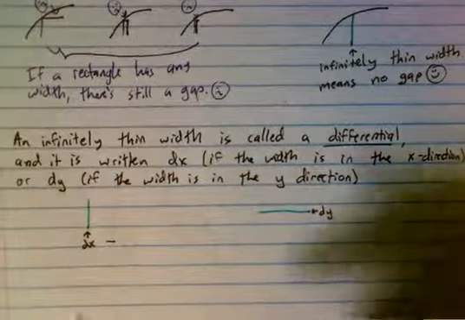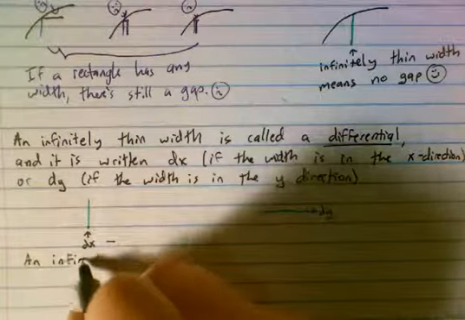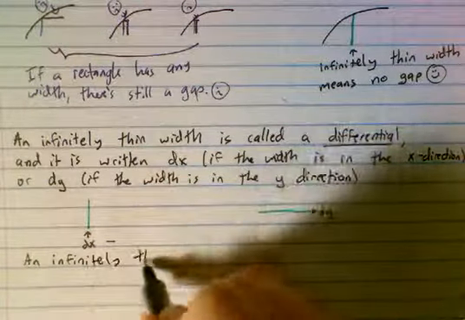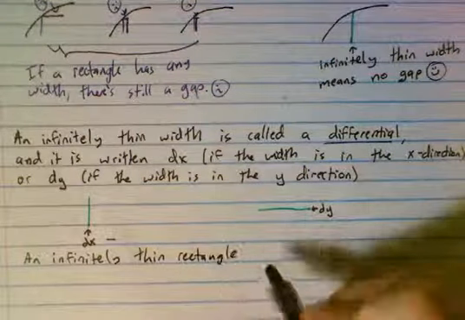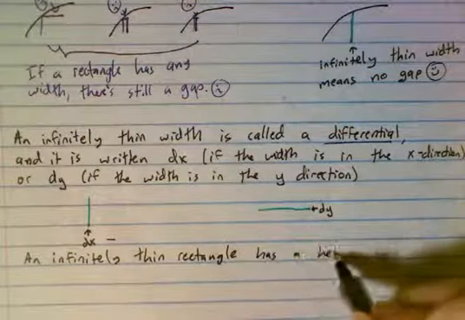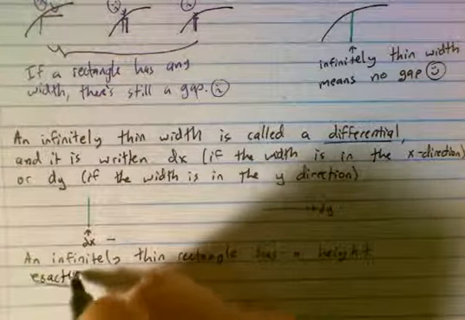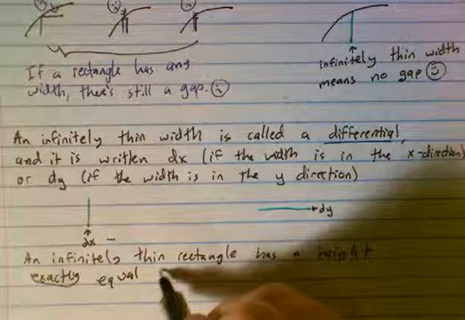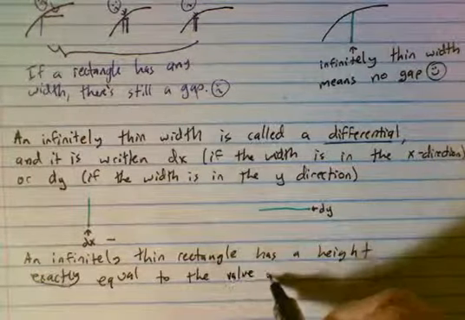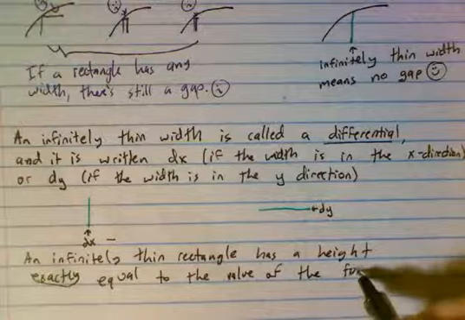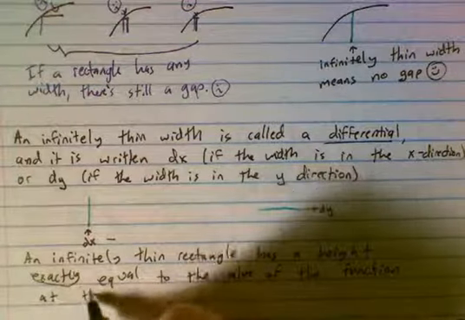Another important thing to note is an infinitely thin rectangle has a height exactly equal to the value of the function at that point.